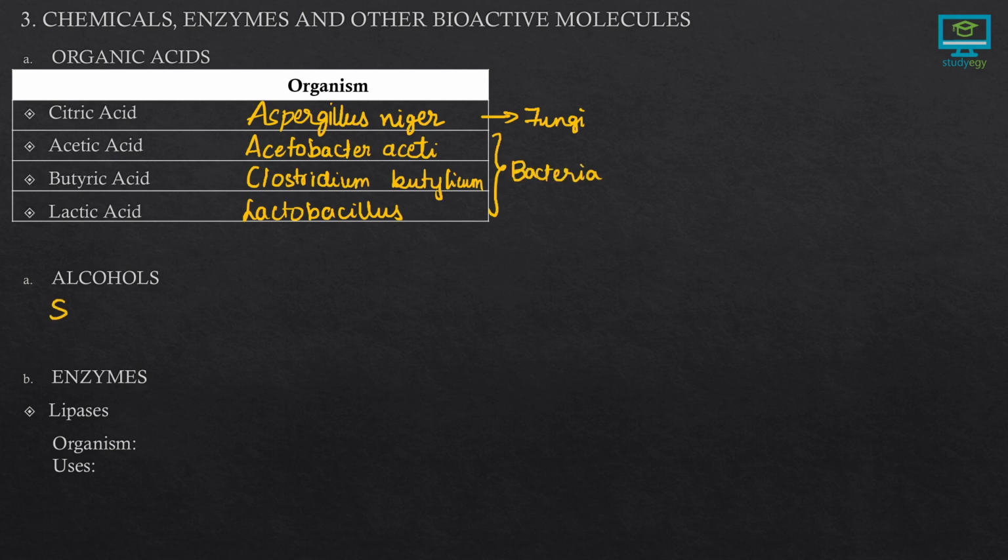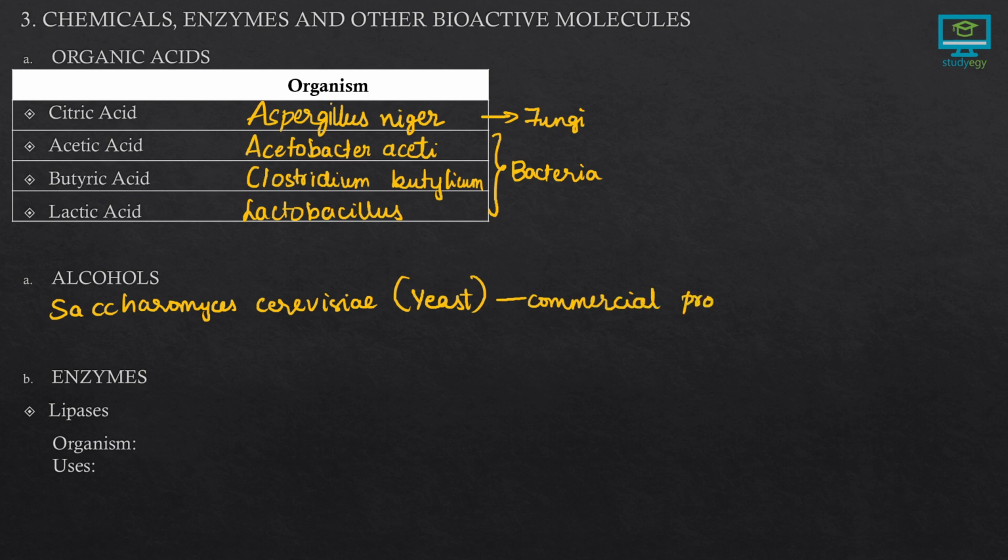Now for alcohol we use again Saccharomyces cerevisiae, a yeast, in the commercial production of alcohol or ethanol. Now coming to lipases, the organism which we use to prepare lipase is Candida lipolytica.